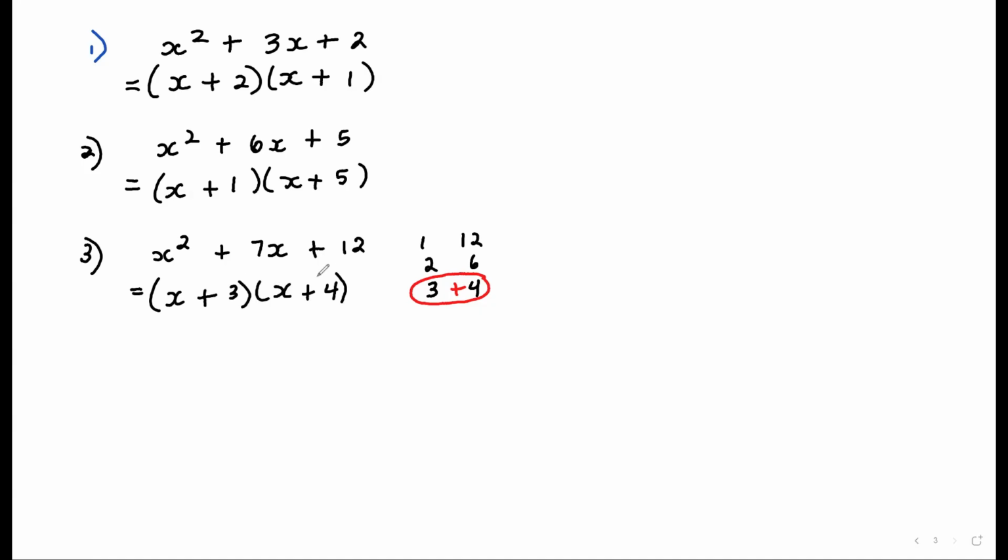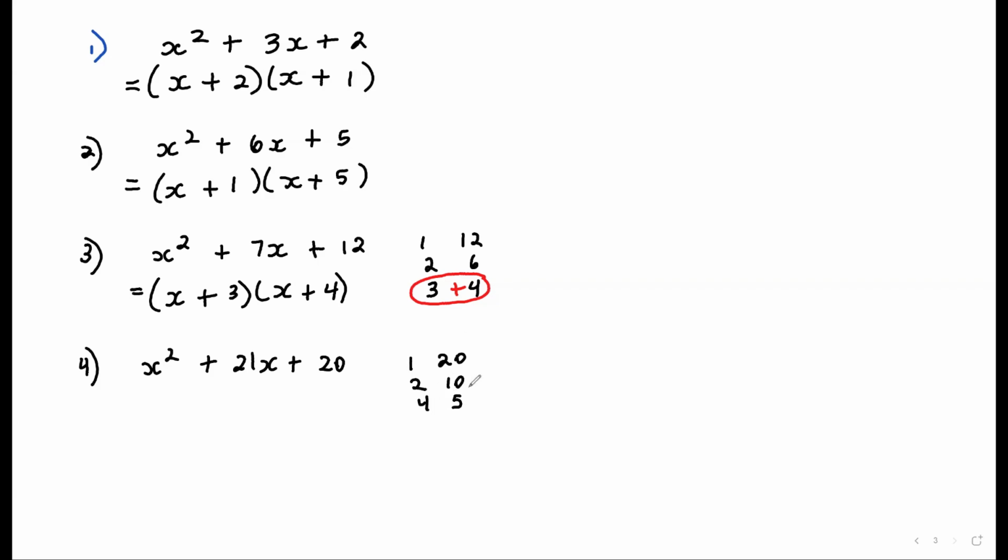All right, let's say I had x squared plus 21x plus 20. Again, in this one, 20 is a composite number. The factors of 20 are 1 times 20, 2 times 10, and 4 times 5.